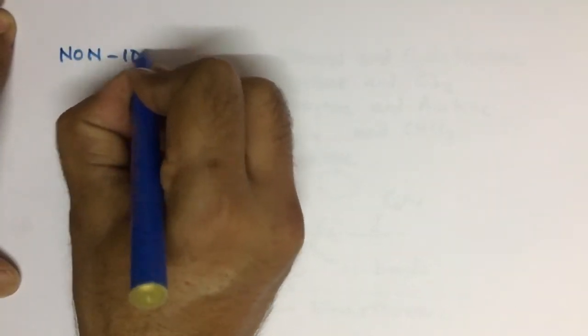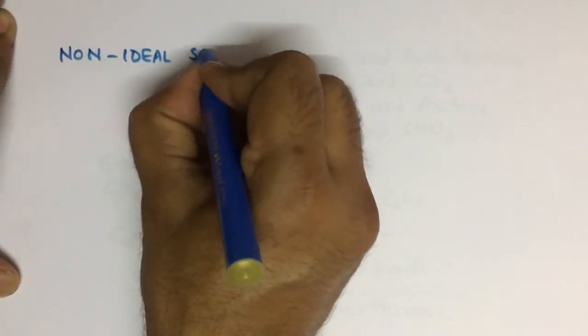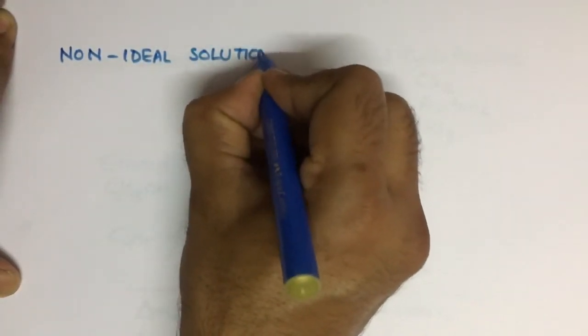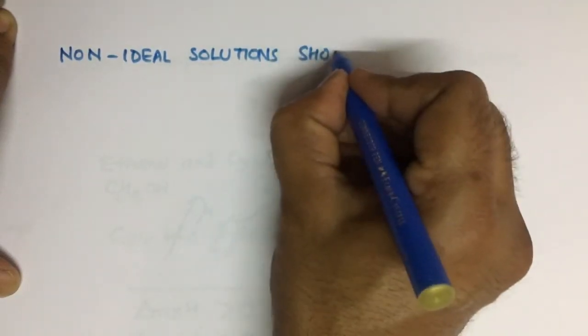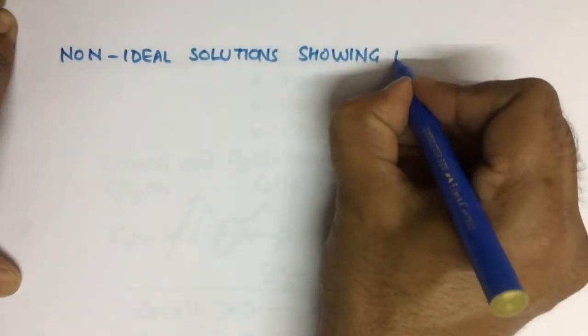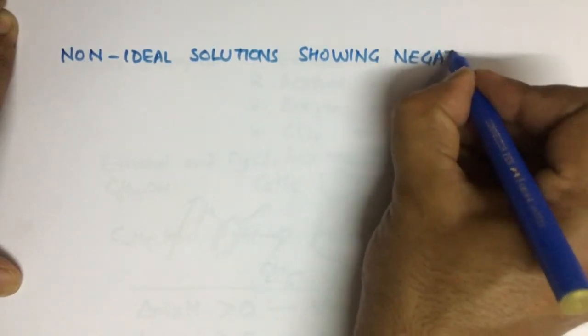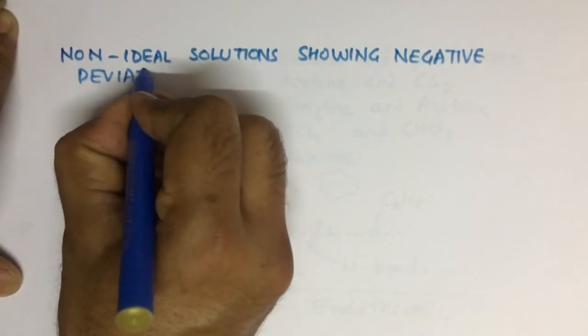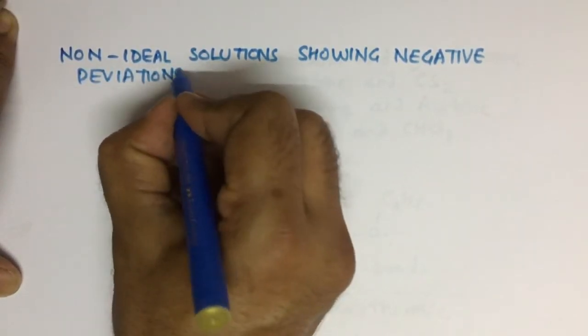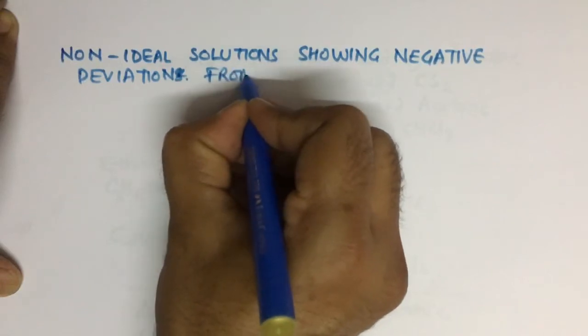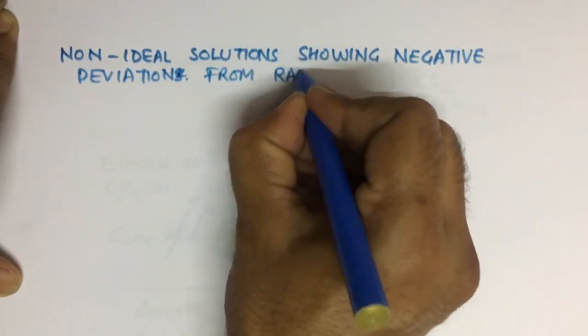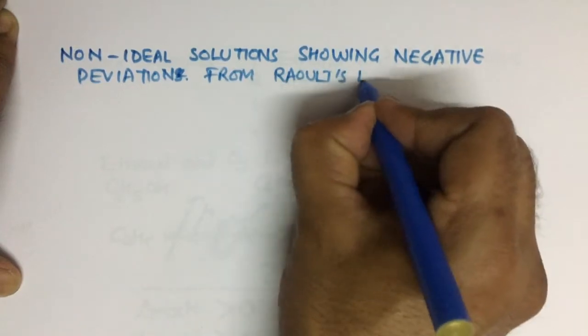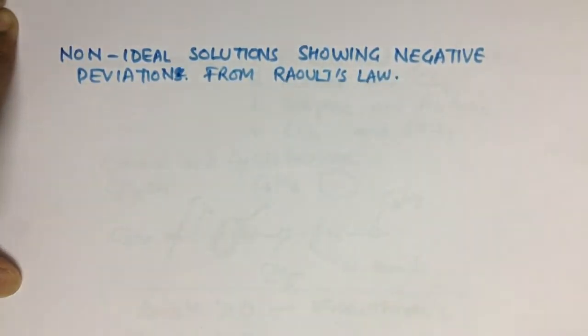Next is non-ideal solutions showing negative deviation from Raoult's law.